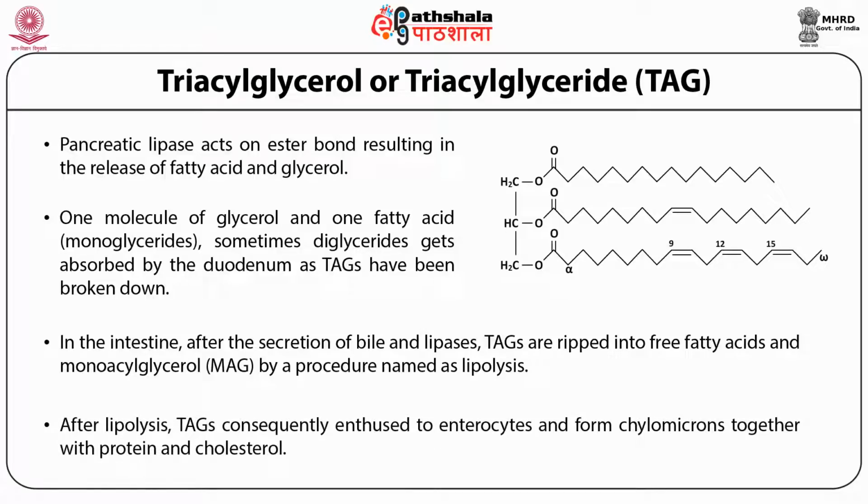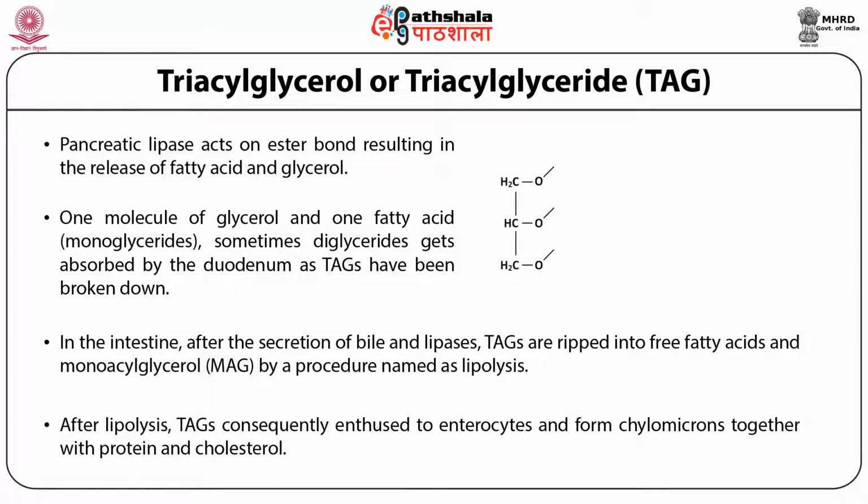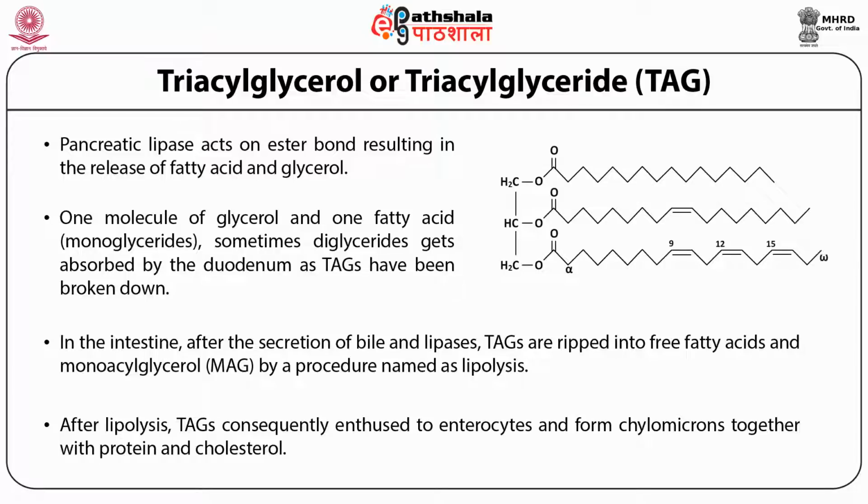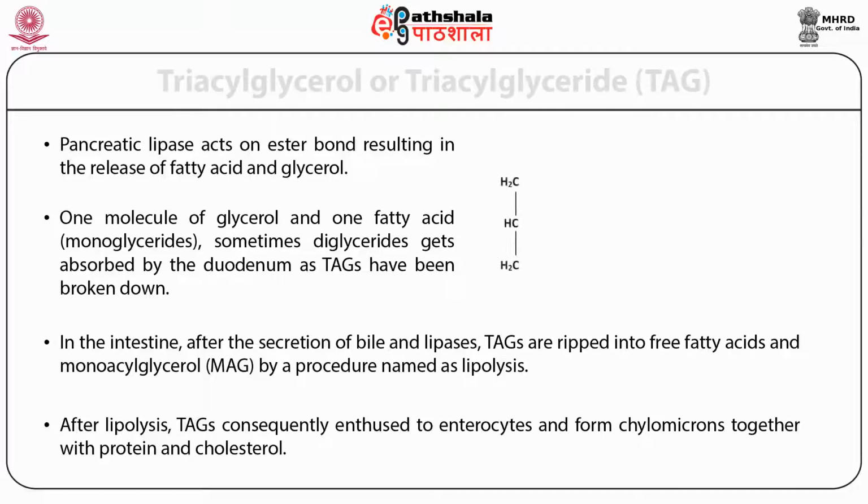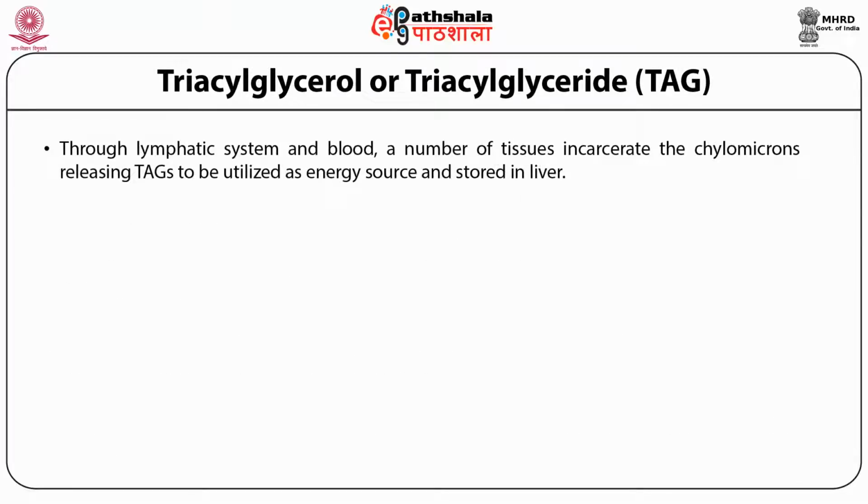After lipolysis, triacylglycerols consequently enter enterocytes and form chylomicrons together with protein and cholesterol. Through the lymphatic system and blood, a number of tissues take up the chylomicrons, releasing the triacylglycerols or triglyceride to be utilized as energy source and stored in the liver.